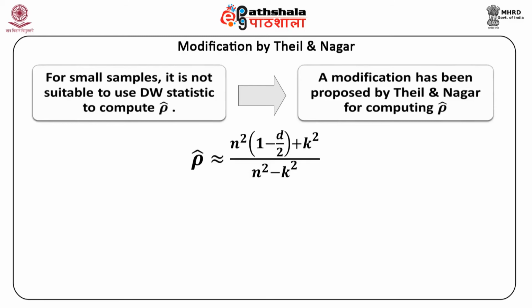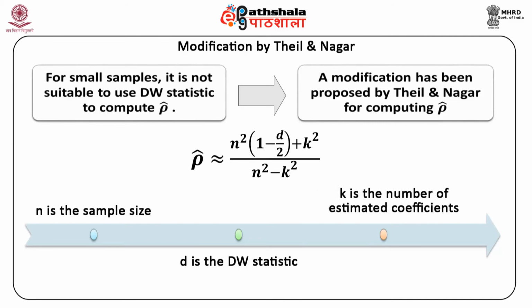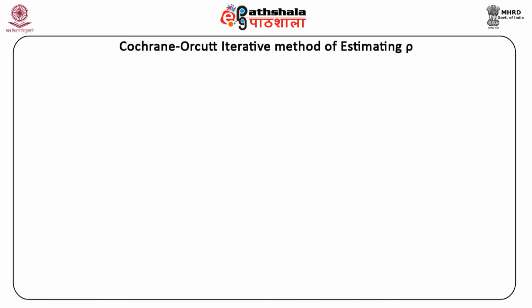Rho hat is approximately equal to n squared times (1 minus d by 2) plus k squared, upon n squared minus k squared, where n is the sample size, d is the DW statistic, and k is the number of estimated coefficients. This value of rho hat may be used for estimating the generalized difference equation.